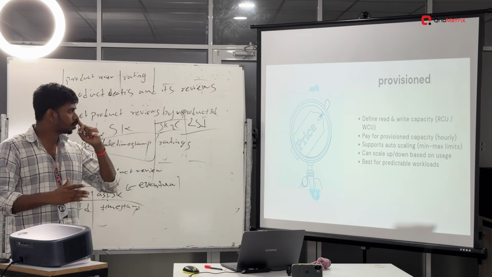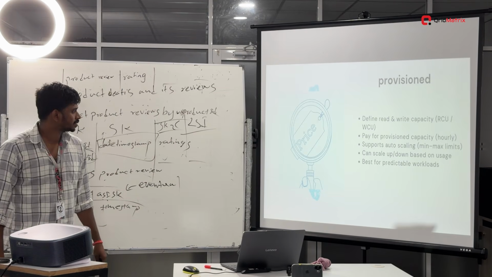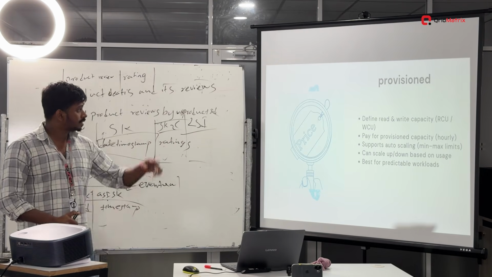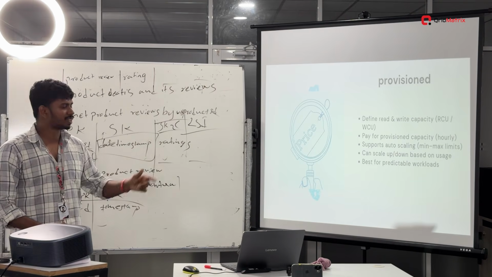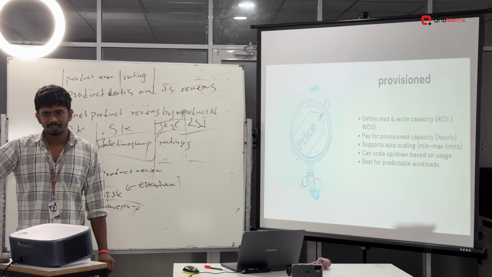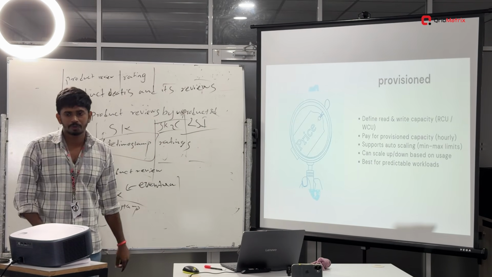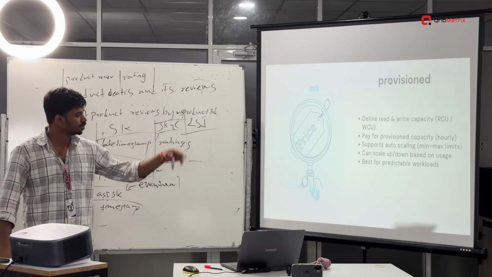Between that, it can automatically scale up or scale down based on the traffic. And this is best for predictable workloads. I mean, if you know your workload, if you know about your traffic, then this is the best option. But if you don't know about your traffic or you're doing some testing scenarios, on-demand mode is fine.